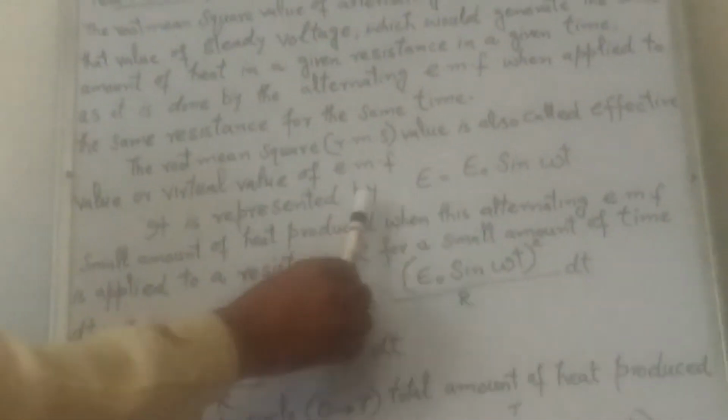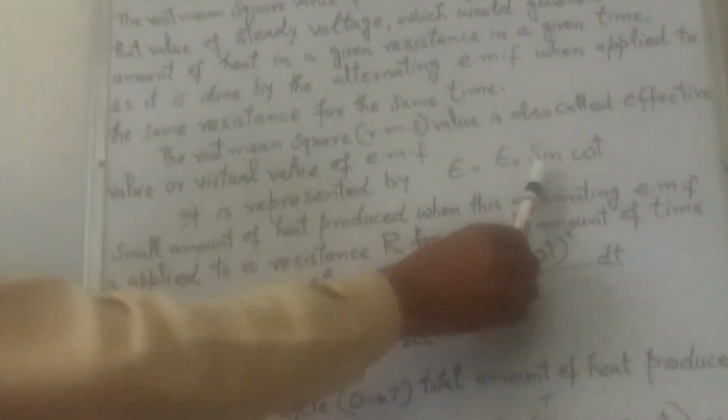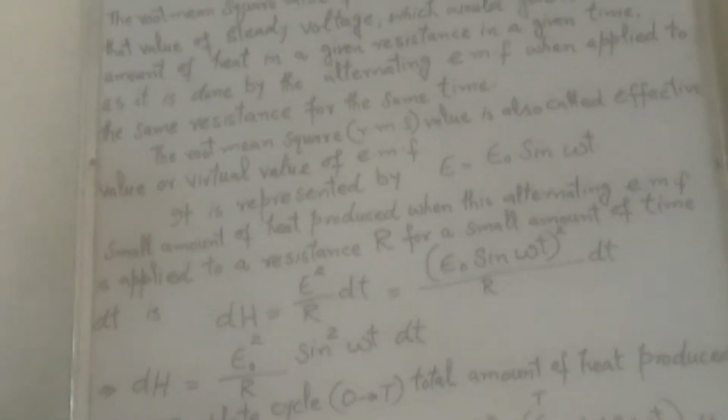The alternating EMF is represented by E is equal to E0 sine omega t. The small amount of heat produced when this alternating EMF is applied to resistance R for a small amount of time dt is dH is equal to E square by R dt.